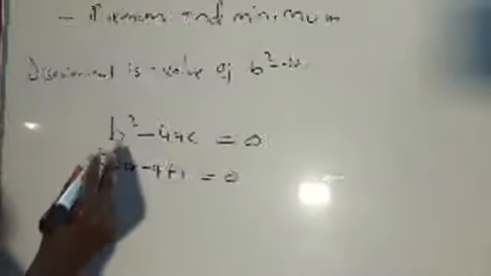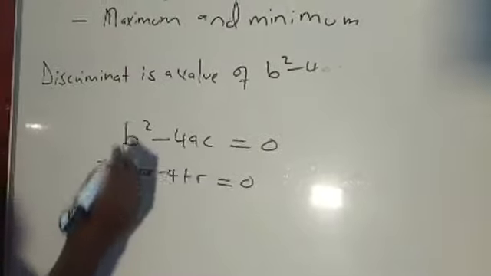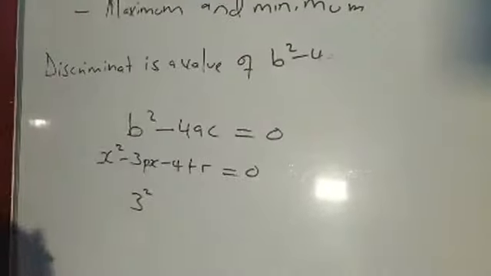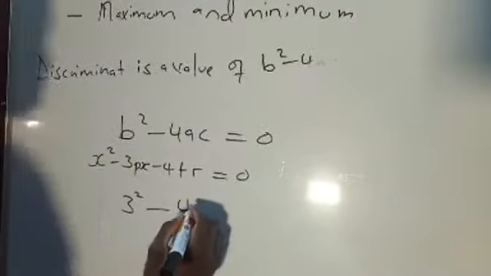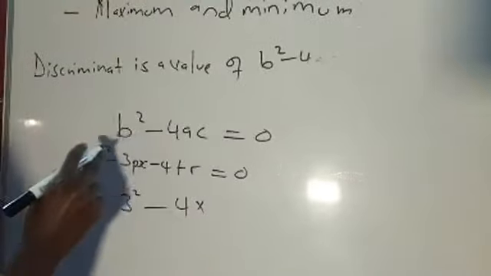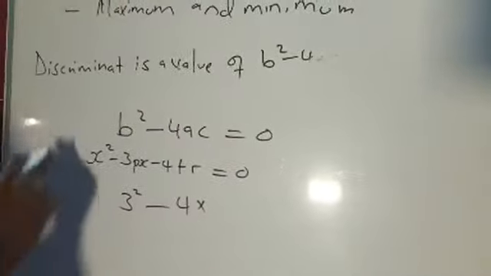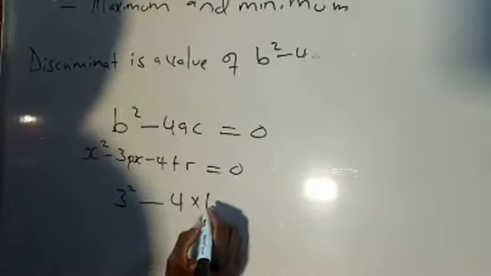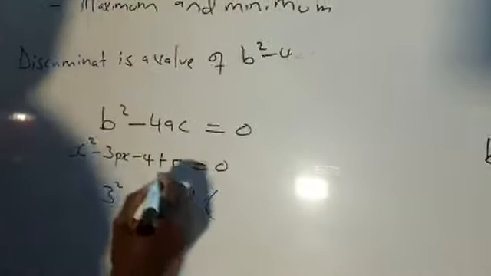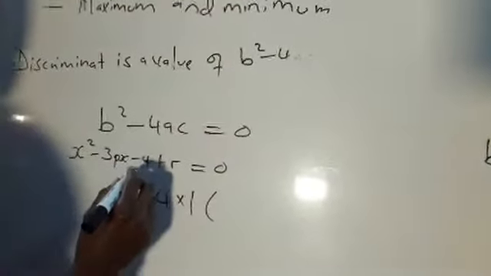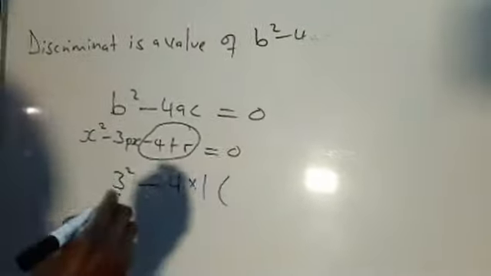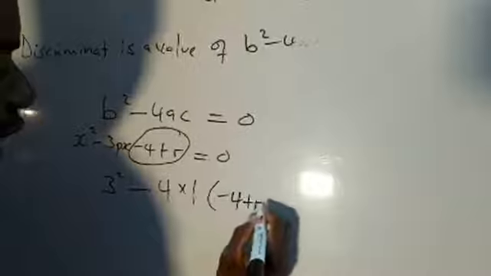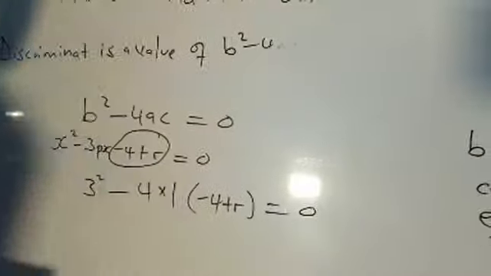So b is 3, squared, minus 4 times a which is a positive 1, and c which is negative 4 plus r, equal to 0.